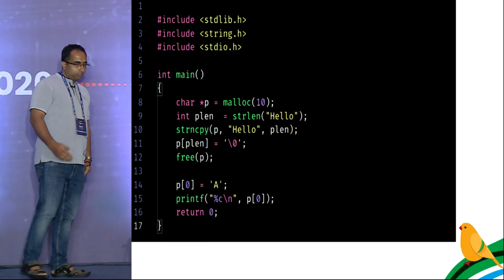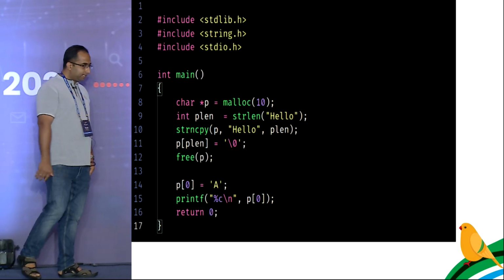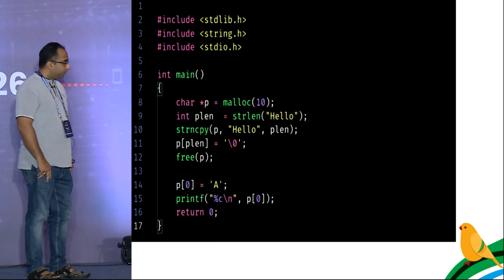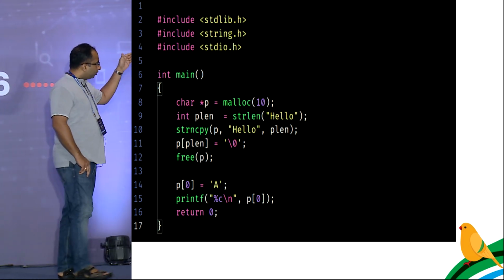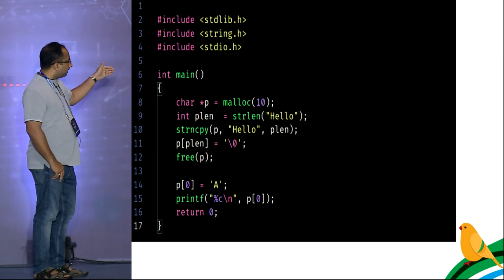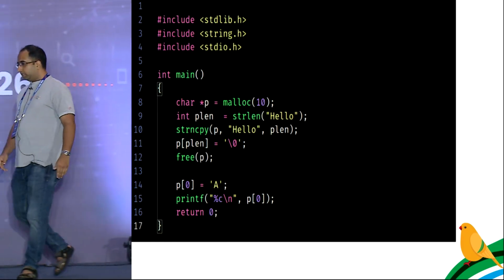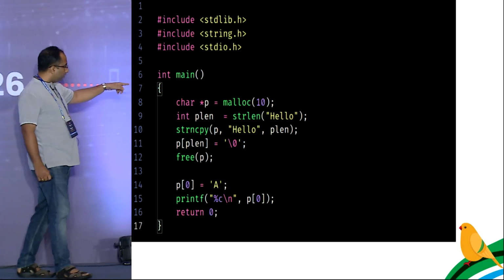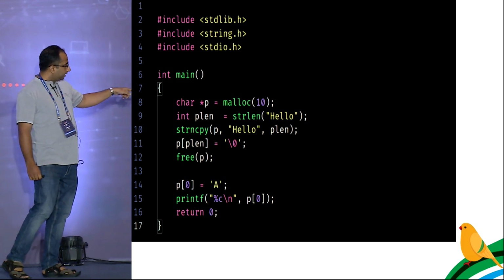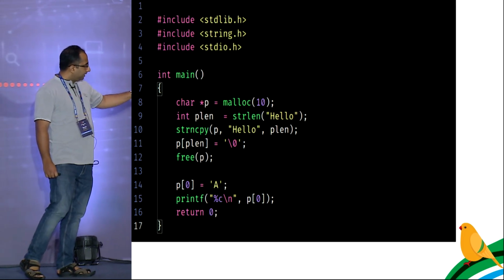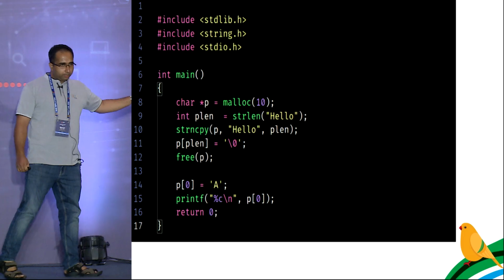It could be anything actually, because this is basically undefined behavior. So what happens here is, you do an allocation, you do a free after this allocation, you do a free in line 12. Post that you set the 0th value to A, right?